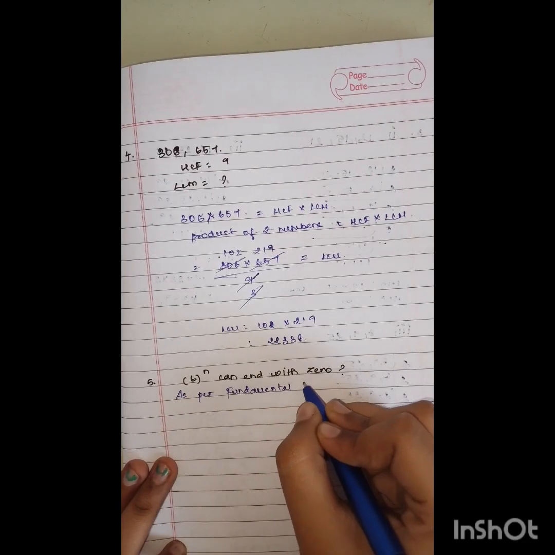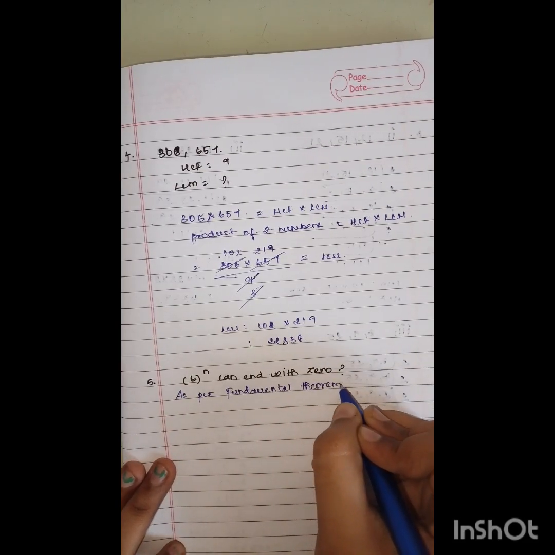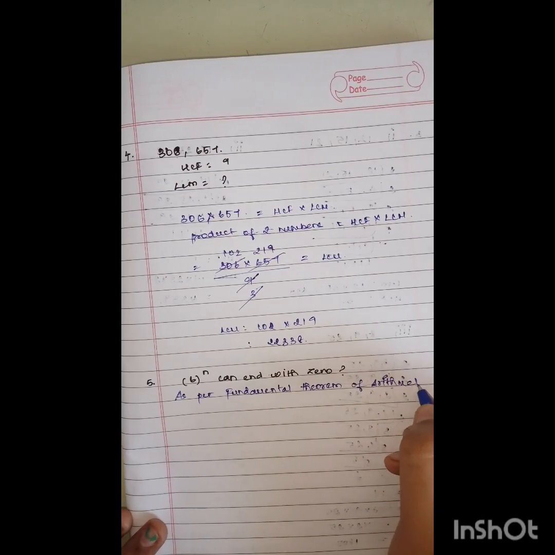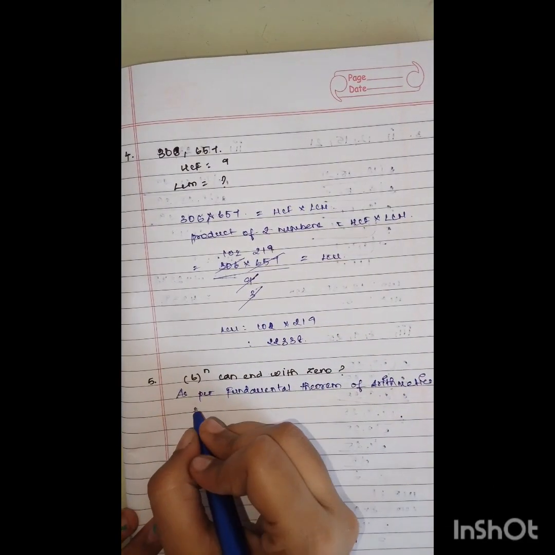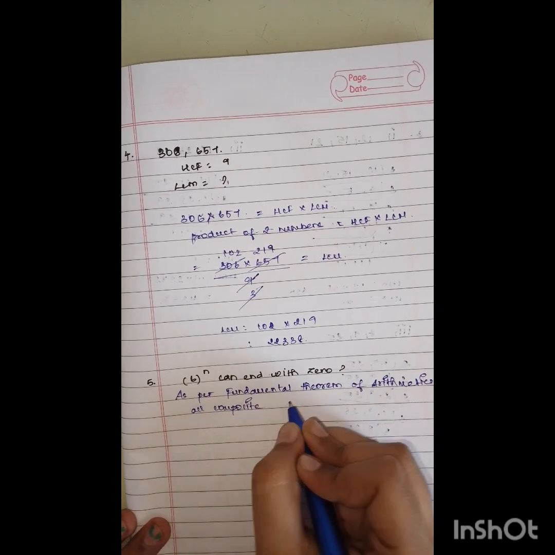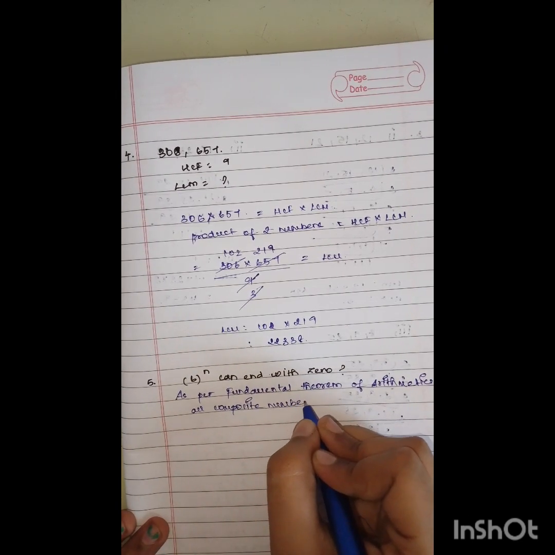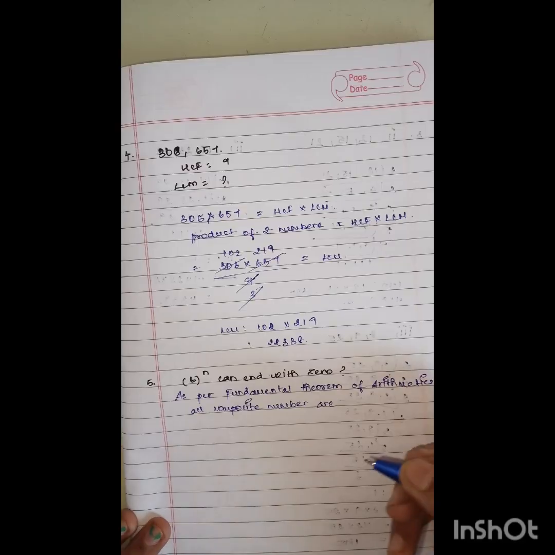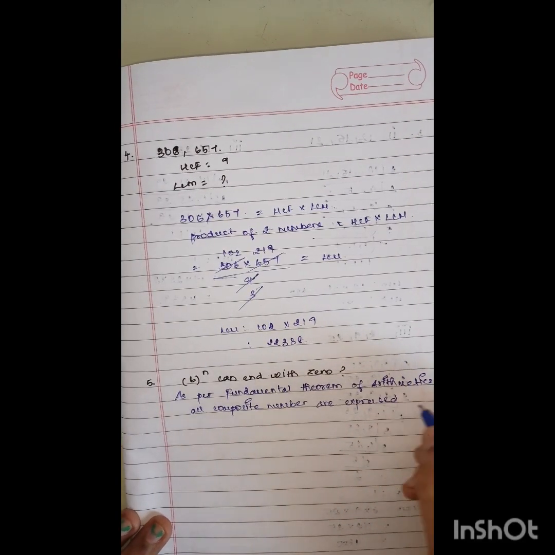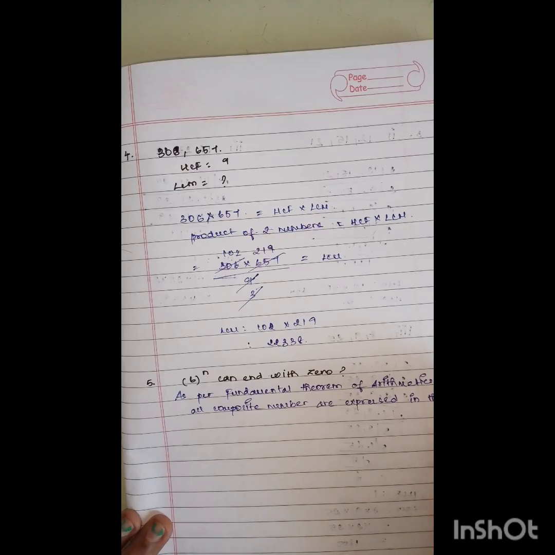It states that every composite number can be expressed as a product of prime numbers. For example, take the smallest composite number, which is 4. 4 is expressed in the form of 2 into 2, where 2 is a prime number. So this is what this theorem states.